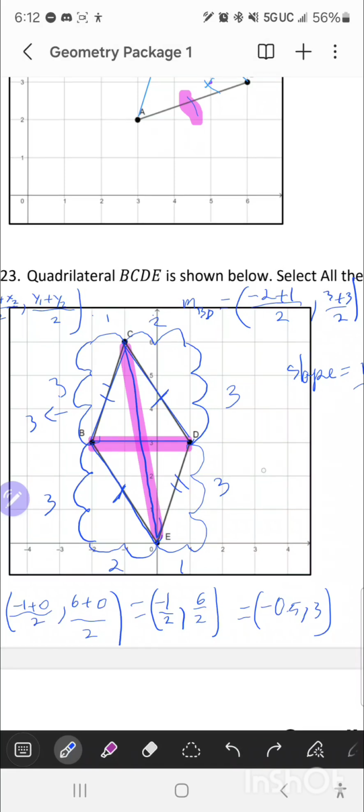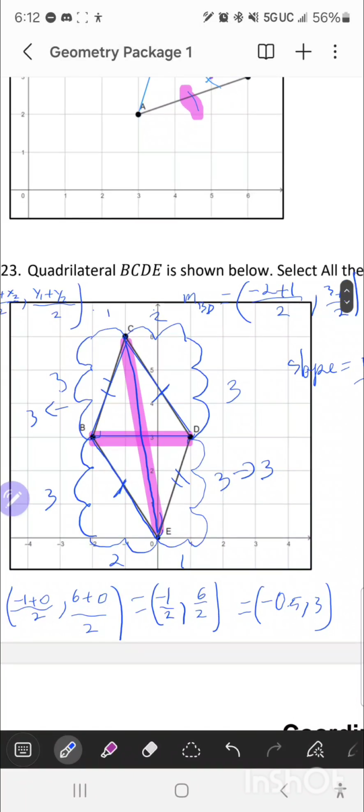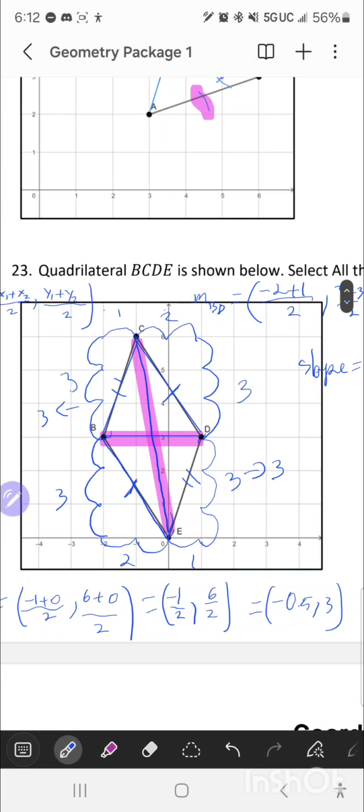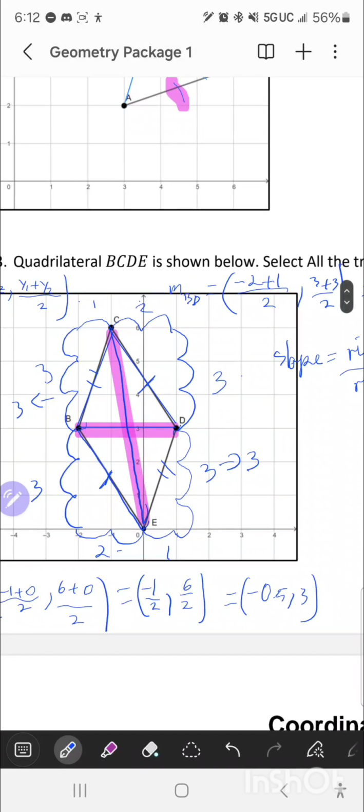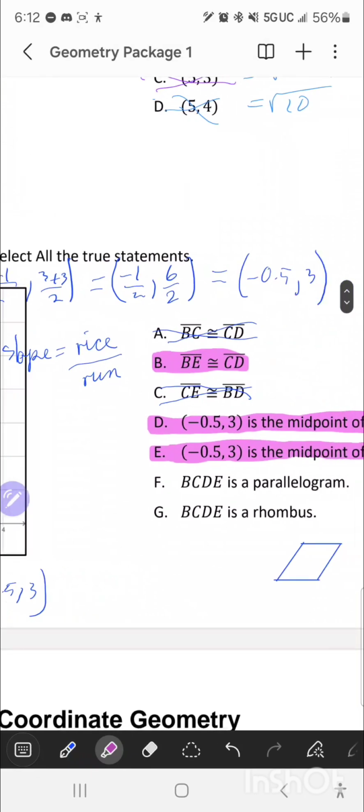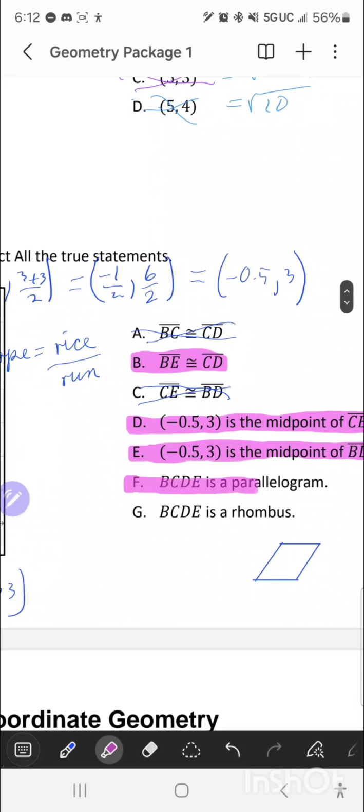But we have a slope of 3 as well. So as you can see, they are parallel. For these two sides, we can just see that there's a 2 here, there's a 2 here, there's a 3 here, and there's a 3 here. So they are the same as well. They are parallel. That means that yes, this is a parallelogram.